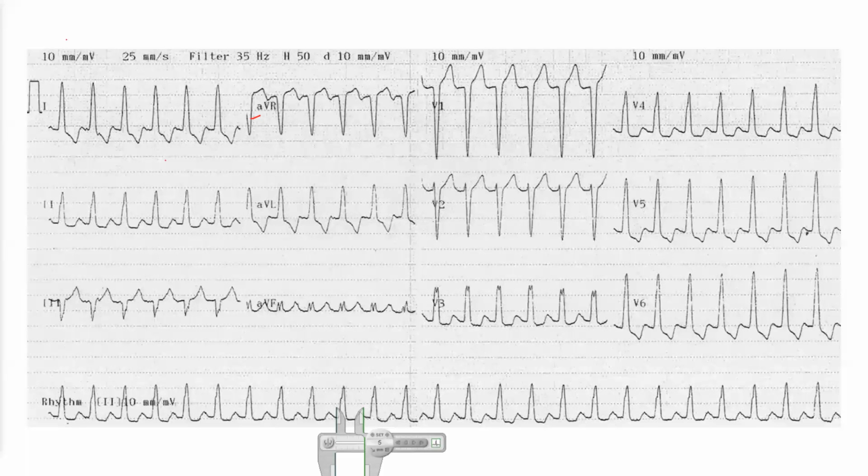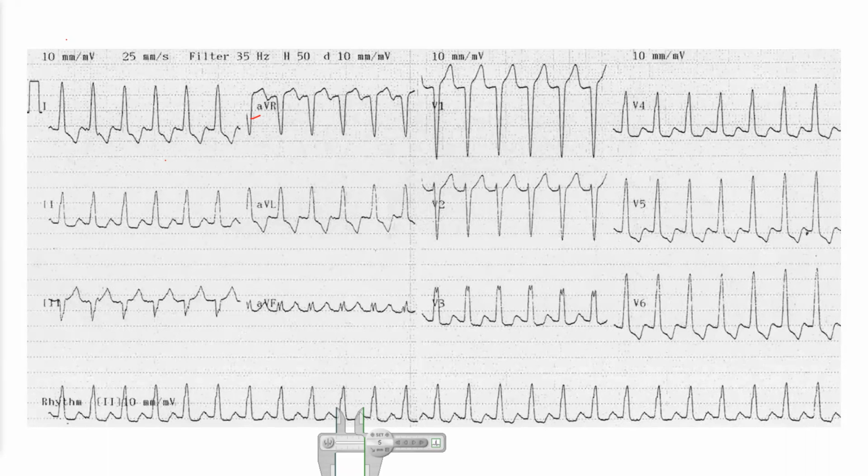So one of the reasons why there might be a wide QRS complex would be that it is an impulse that originates from the ventricles. Or it could be as a result of what we call a bundle branch block. All right, inasmuch as this is a regular rhythm, we notice that this probably is a bundle branch block.